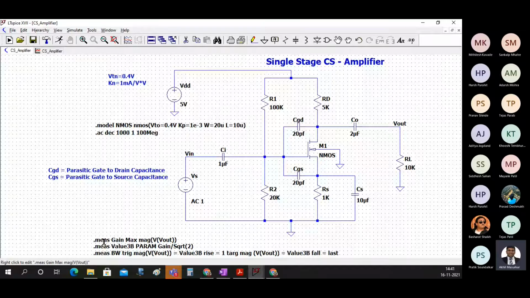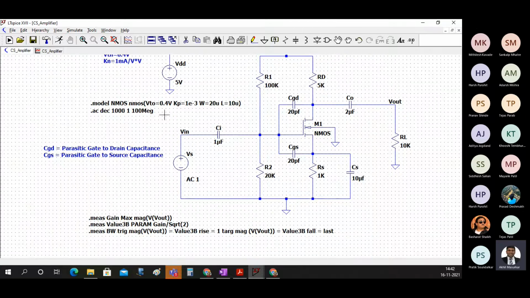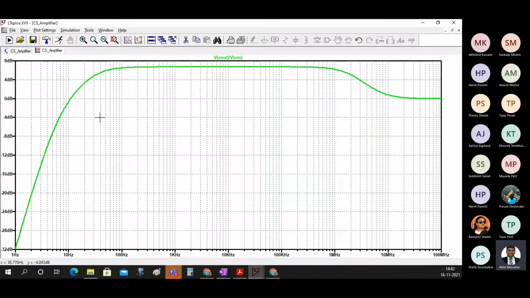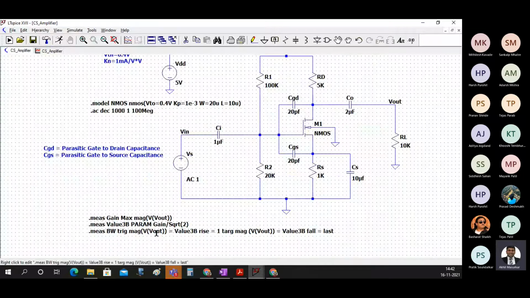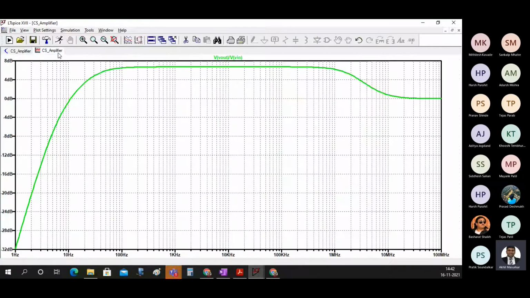So I have used 3 commands. First command is .measure. So .measure is the command, and gain is the variable. So now I am telling SPICE that when you are doing this AC analysis, when you are plotting this plot, note down the maximum value of V out.